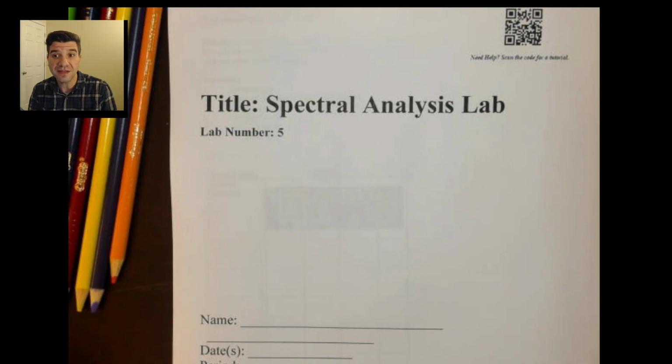If you missed this lab, sorry, this was a cool one. This is called Spectral Analysis Lab, and what we did was we looked at the spectra given off by certain spectral tubes. These spectral tubes are glass tubes, essentially, that are filled with elements, whether it's hydrogen or helium or oxygen, whatever it is.